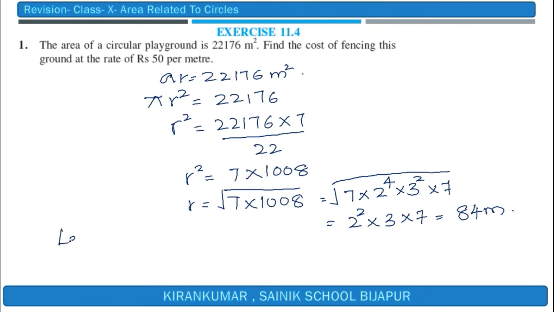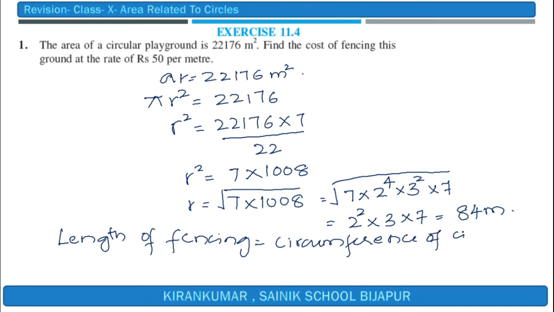So the length of fencing is equal to the circumference of the circle. The circumference of a circle is 2 pi r.